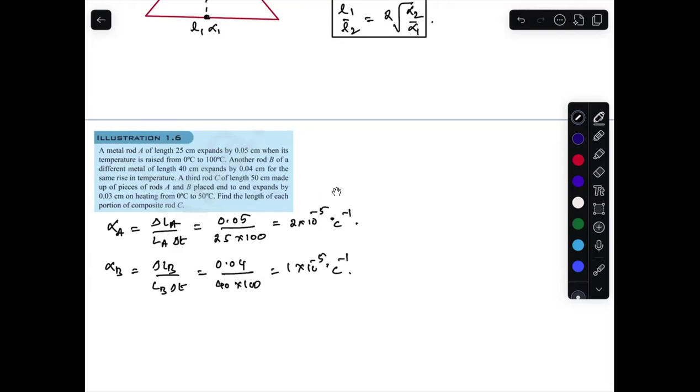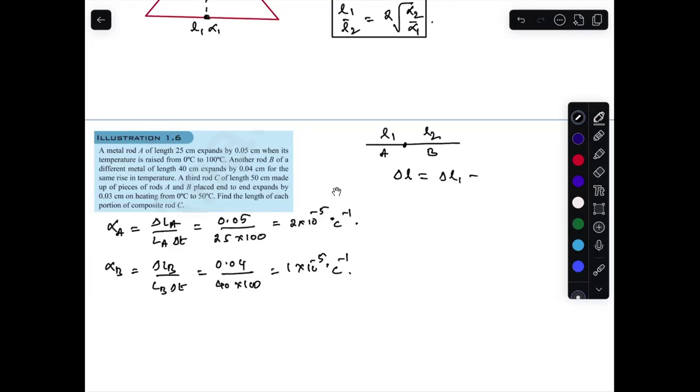See, I am assuming that in the construction of the rod C, L1 portion I am using material A, and L2 portion I am using material B. So what is the delta L of this part?